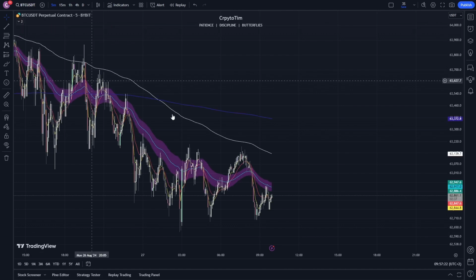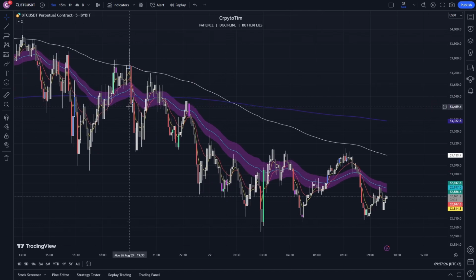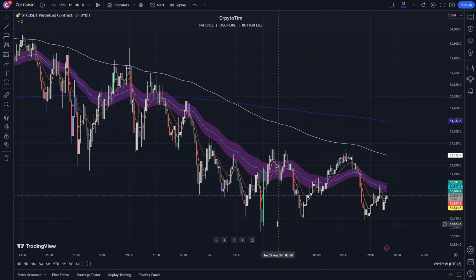If we have a look at Bitcoin here, for example, with our vector candles, we use these vector candles to spot the activity of the market maker. If we see this long green vector candle over here, this means that market makers are opening short positions.